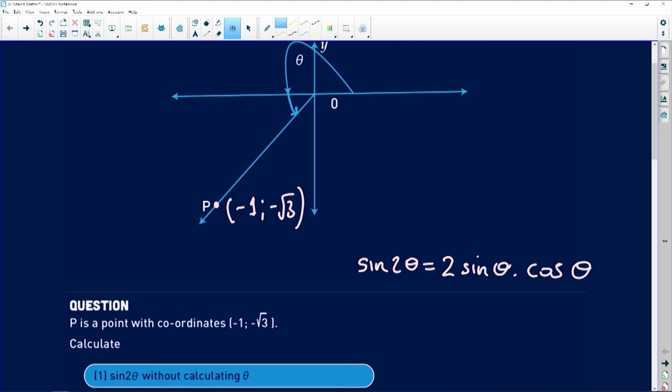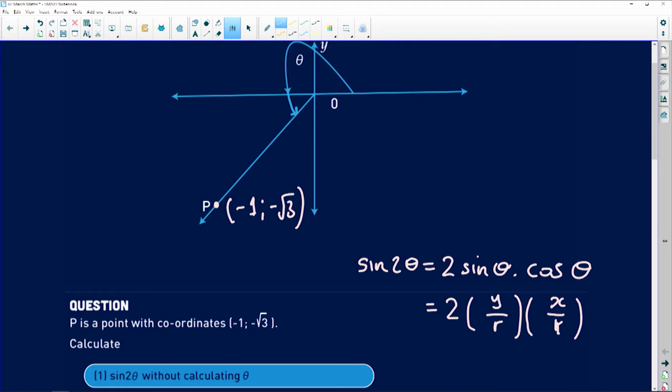Now, by definition, from as far back as grade 10, we know that 2 is a number, but the sine of theta is always given by the opposite side divided by the hypotenuse of a right-angled triangle. Some people imagine that as sine theta being y divided by r, right? And the cosine of theta is the adjacent side divided by the hypotenuse of a right-angled triangle. That basically makes it x divided by r, if you remember from as far back as grade 10.